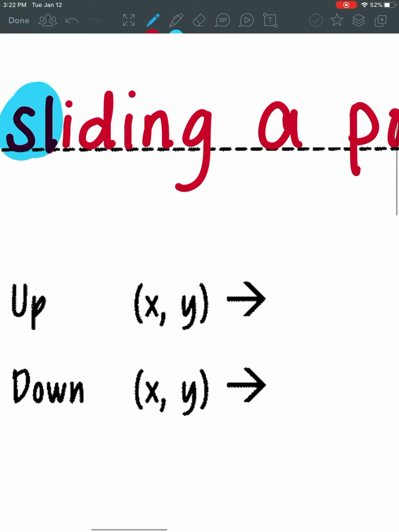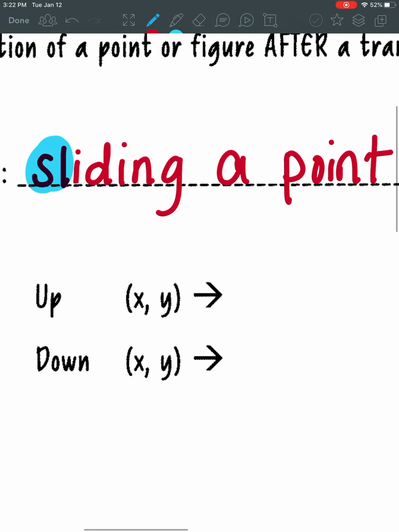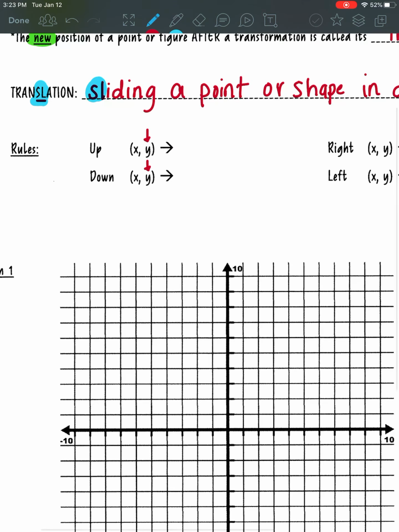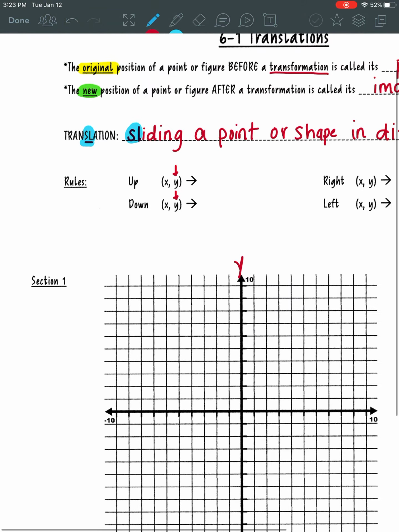Now, there are rules. What we're going to see is an ordered pair, and this x comma y would be replaced with numbers on where that would be on the graph. If we want to move the shape up, what we're going to be doing is changing the y value when we go up or down. The reason for that is, think about which one of these axes is your up and down.